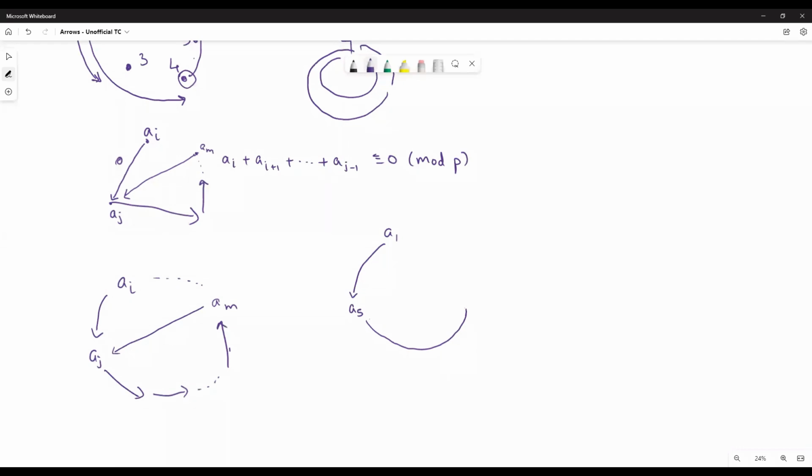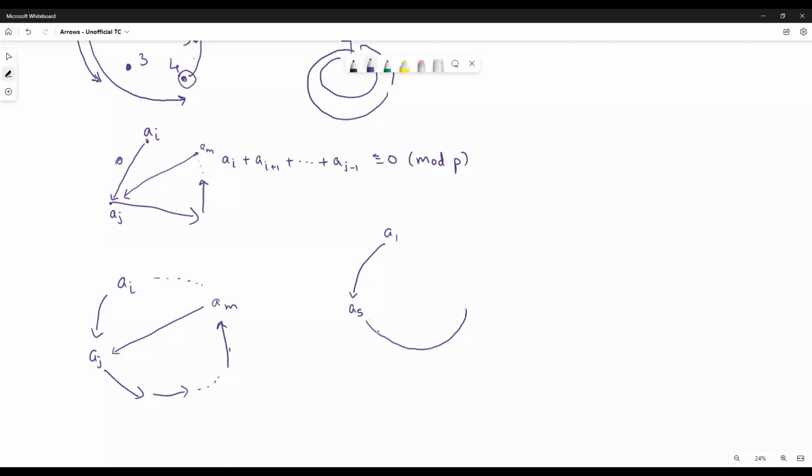We have that the sum AI to AM is congruent to 0 mod P. So the rest of the elements would be congruent to the total sum mod P. If the rest of the elements are congruent to the total sum mod P, it implies that their sum is not divisible by P. So now we take the sum from AM to AJ. We go from AM to AJ minus 1, and AM to AJ minus 1 isn't congruent to 0 mod P, but we had AI to AJ congruent to 0 mod P.